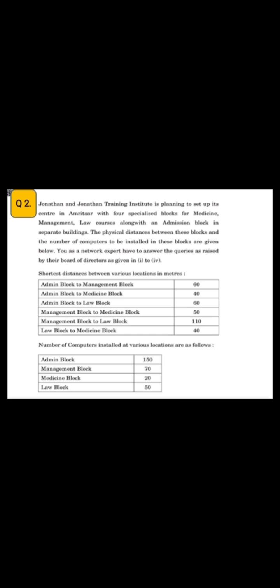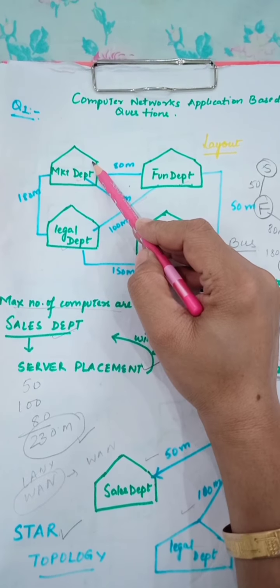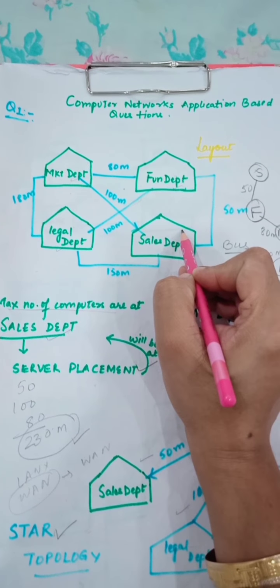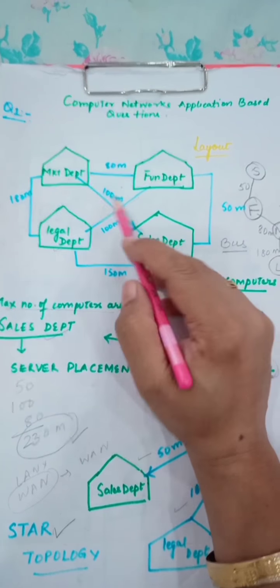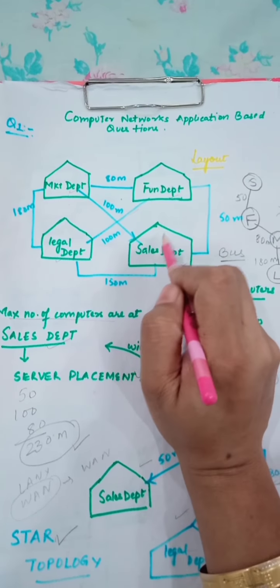Okay, I have drawn a layout diagram of this particular question, that I am going to share with you. Fine, wait. So students, we are given 4 blocks: marketing department, fund department, legal department, and sales department. I have drawn a layout from the distances given.